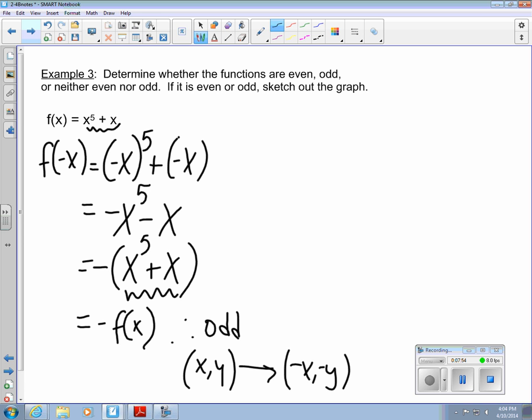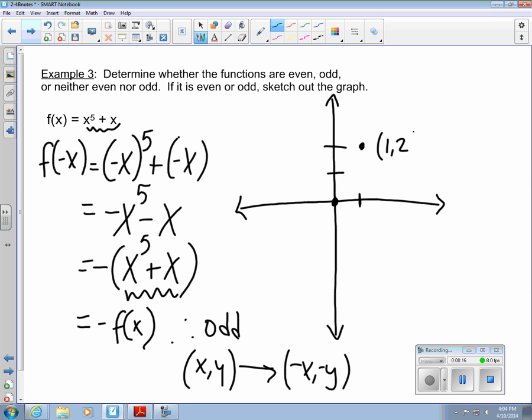So if we plot this out, just a quick little graph here, we have our point 0, 0. We're looking at the original equation. And then if we just plot, let's say 1. So we have 1 to the 5th is 1, plus 1 is 2. So we have our point 1, 2. So we'll plot that out. So this is 1, 2.